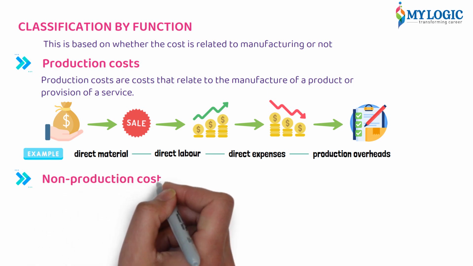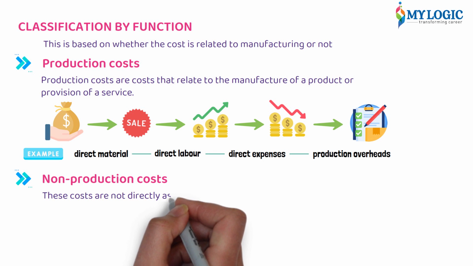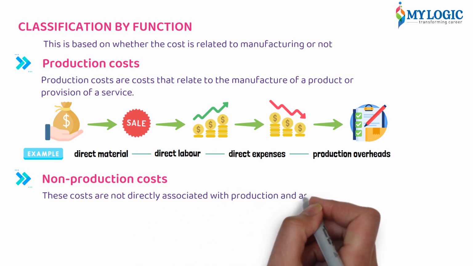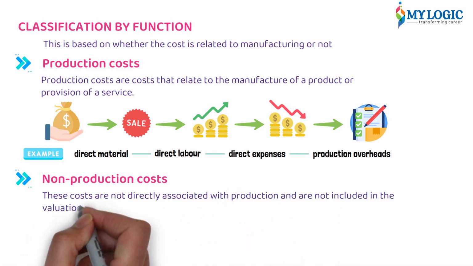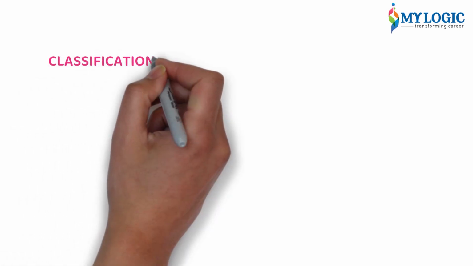Non-production costs. These costs are not directly associated with production and are not included in the valuation of inventory. For example, administrative and selling expenses. Classification by behavior.